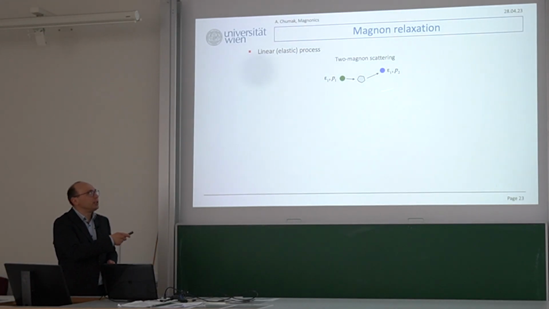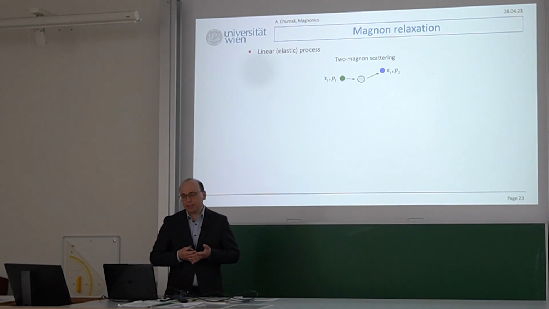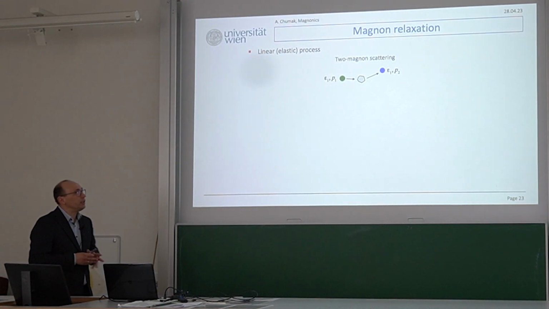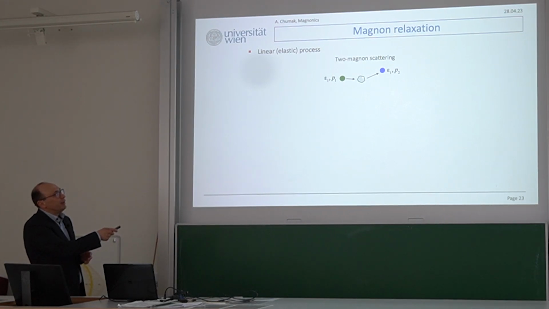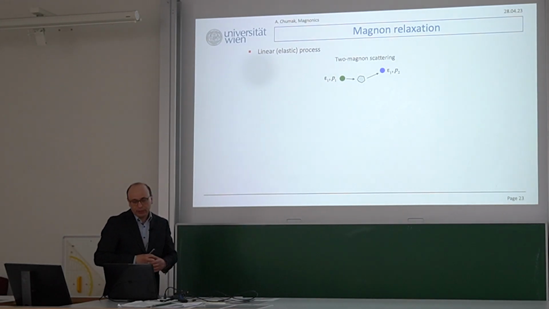It can be a static inhomogeneity, so it should not be a phonon. Also, it can be a defect, a surface defect or any other, something which doesn't have energy but can change your momentum. Afterwards, there is an elastic scattering. Elastic means without a change in the energy, but you will get another momentum here, P2, like it's shown.